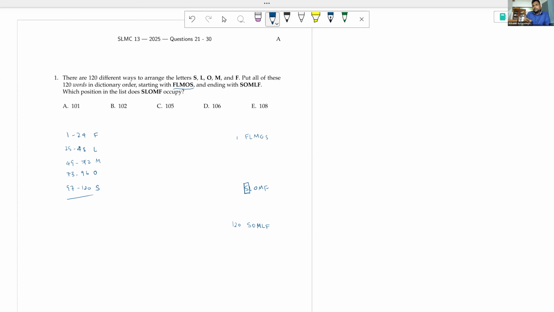Now, out of these, what's the first word? The first word will be SFLMO. That's the 97th word.